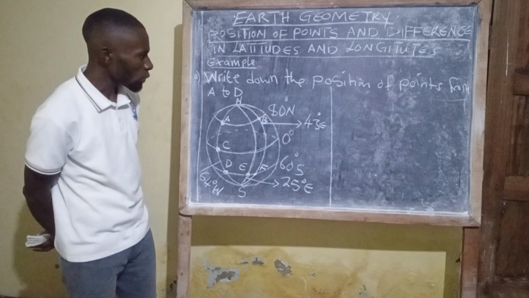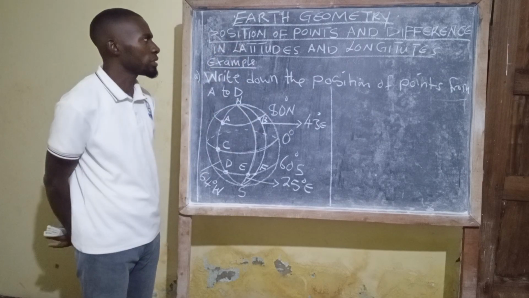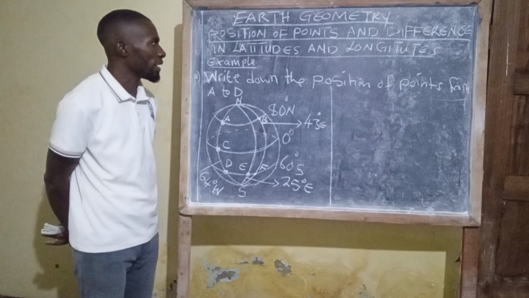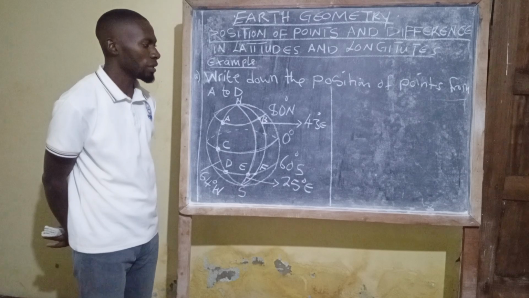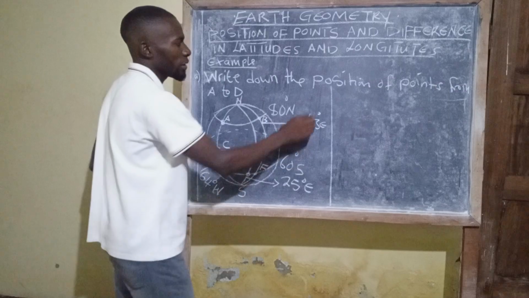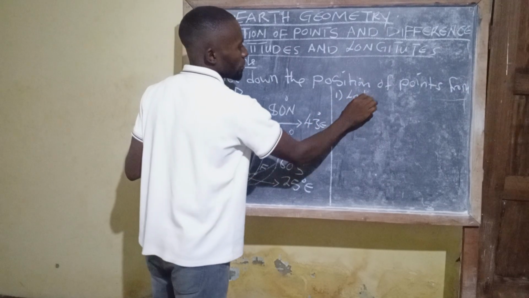So now, what do we consider when we are putting points, or finding the position of points? The first thing you have to know is that you start with the latitude.